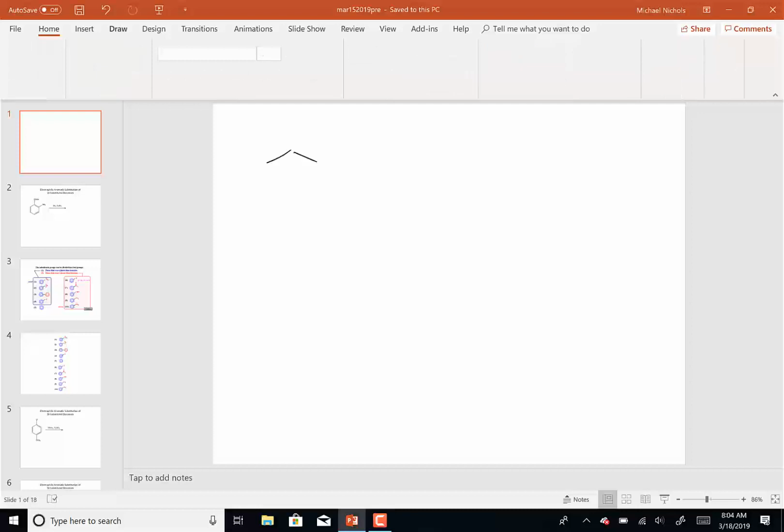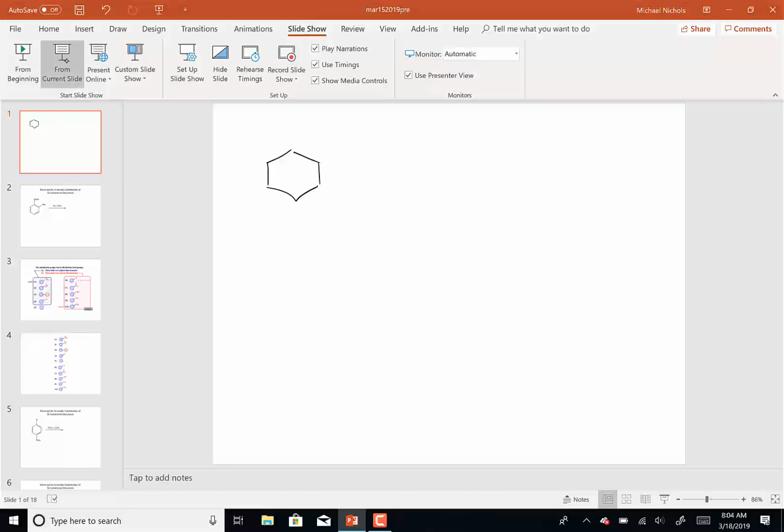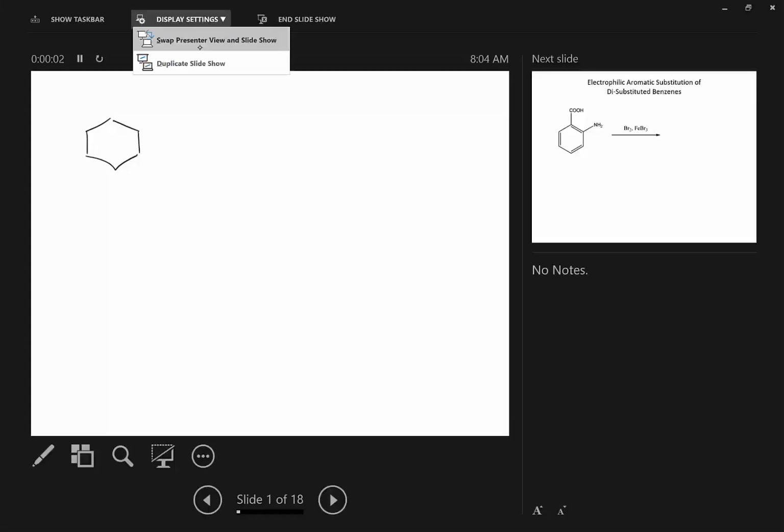Last time we started with the idea that we're going to take a benzene ring and put a methyl group on it, so we'll start with toluene. And we're going to react that with HNO3, H2SO4.